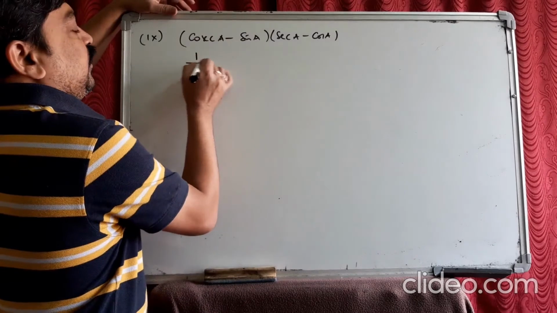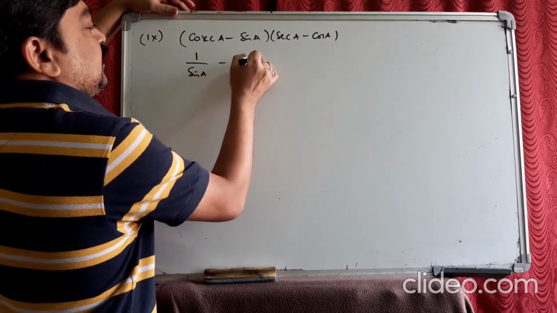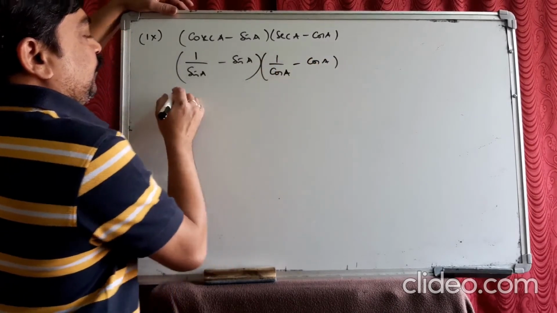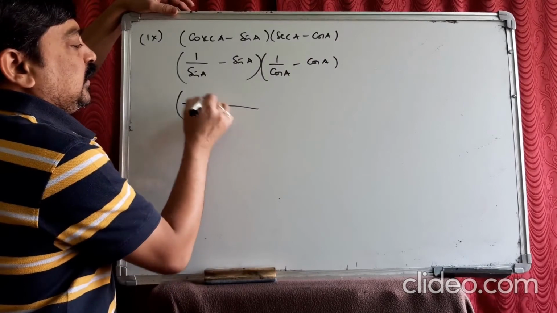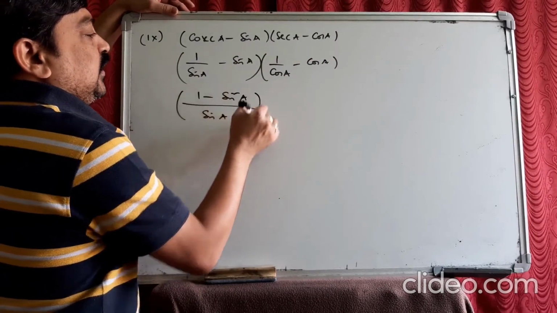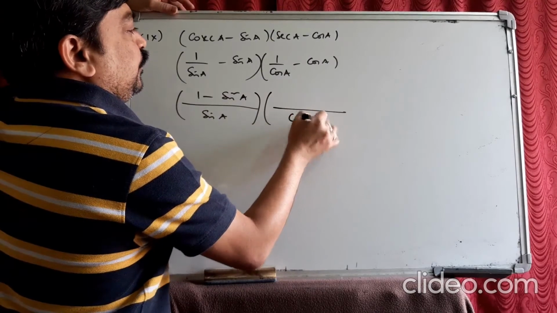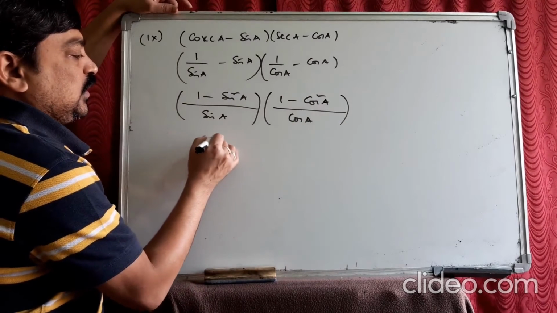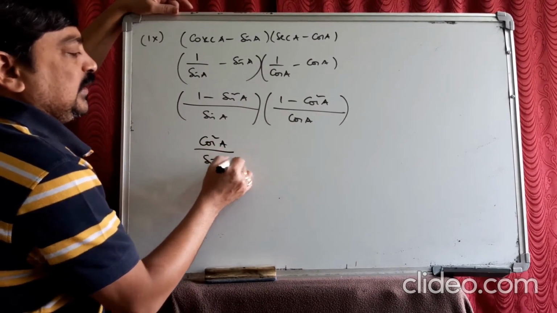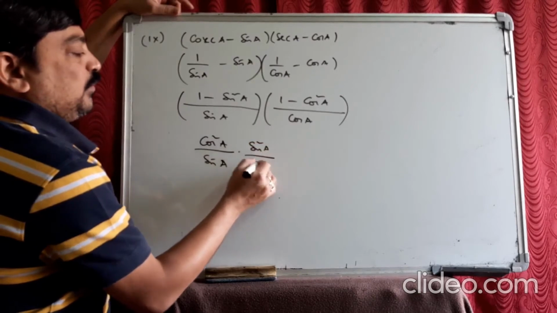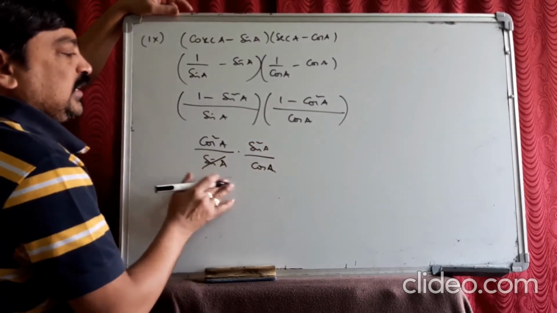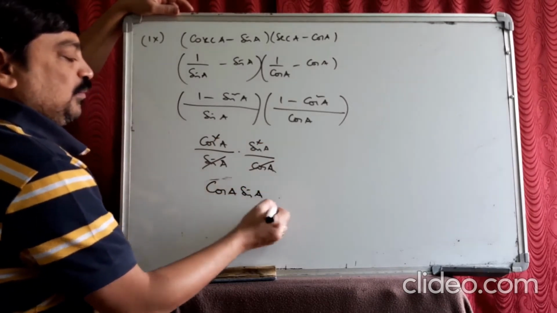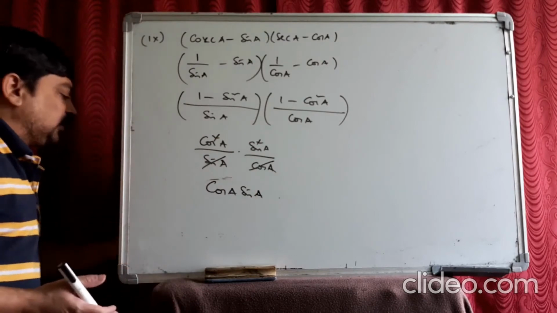So first of all we write 1 by sin A minus sin A, into 1 by cos A minus cos A. Here the LCM is sin A, it becomes 1 minus sin square A. Here the LCM is cos A, 1 minus cos square A. So 1 minus sin square A becomes cos square A by sin A, and this becomes sin square A by cos A. One of the sin gets cancelled here, one of the cos gets cancelled here. So cos A sin A is left. But it is entirely different from the answer that they have asked us to prove.